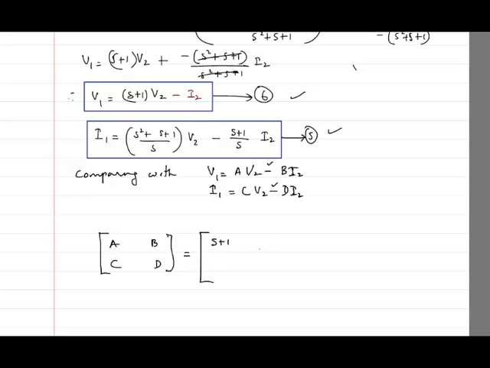Similarly, C I can write, similarly B I can write, similarly D also I can write. Each of these equations I can write what the value is. So I will write this as s plus 1. The second one, B will be equal to 1. C will be s square plus s plus 1 by s, and this one will be s plus 1 by s.